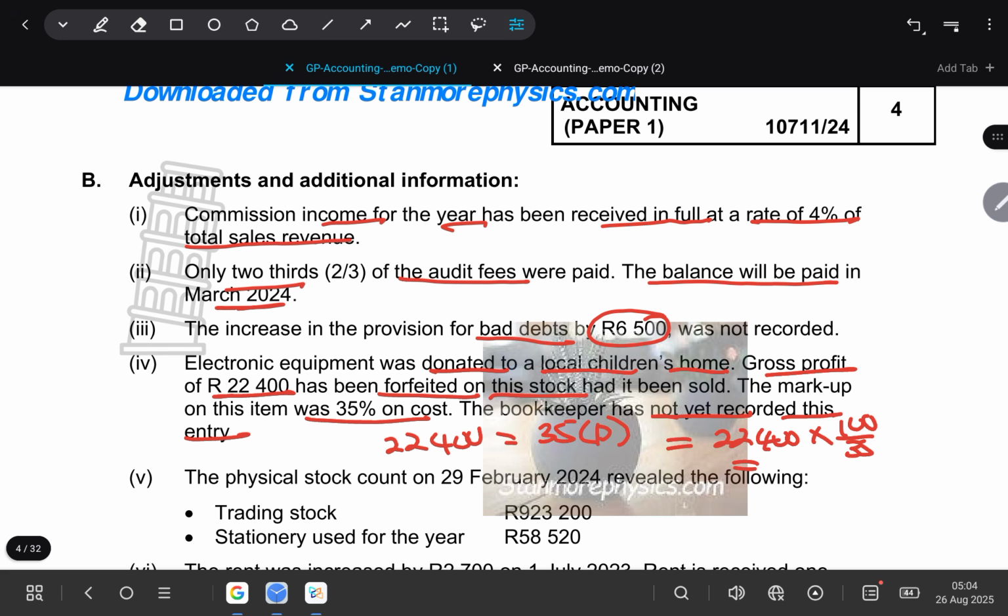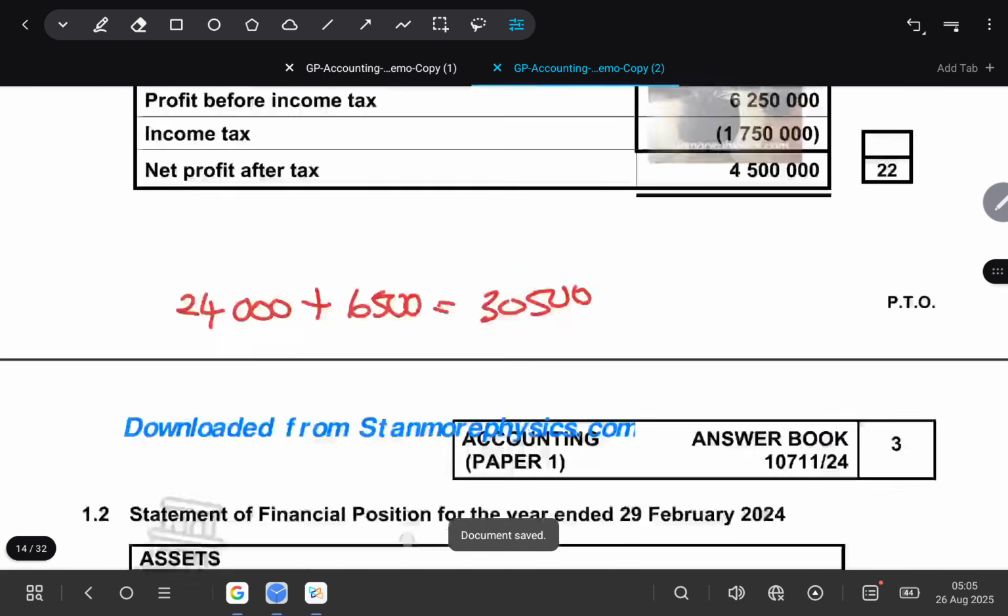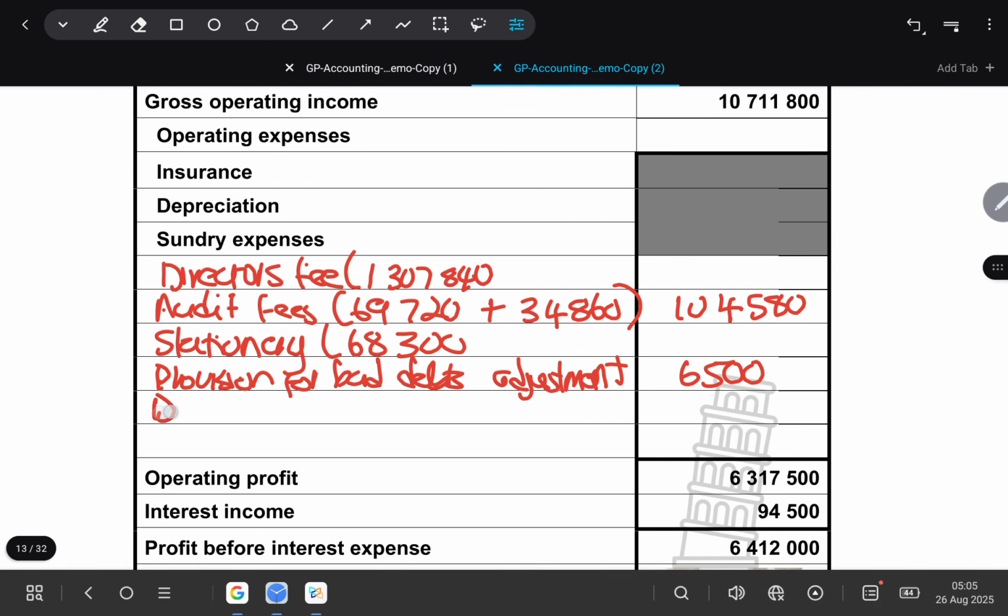And remember, this is for donations. So if we say 22,400 multiplied by 100 divided by 35, it gives us 64,000. Okay, so under the income statement, we're going to have donations, and then we will say 22,400 multiplied by 100 divided by 35, which gave us 64,000.